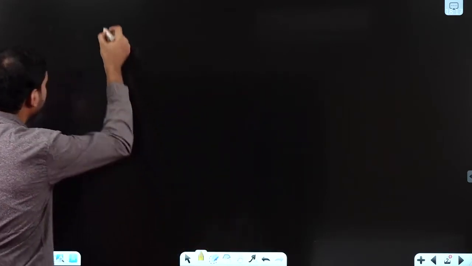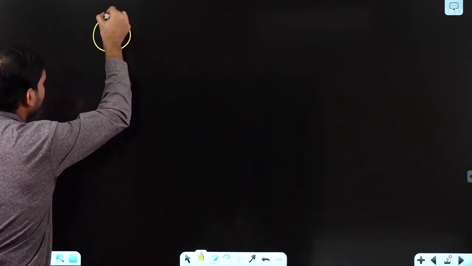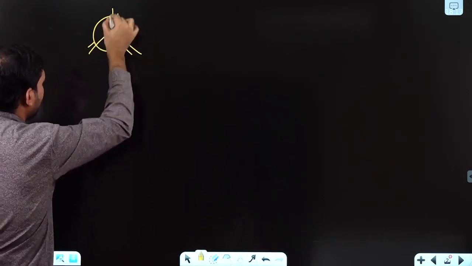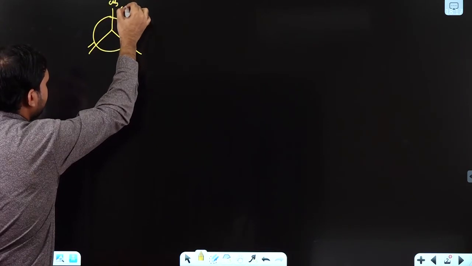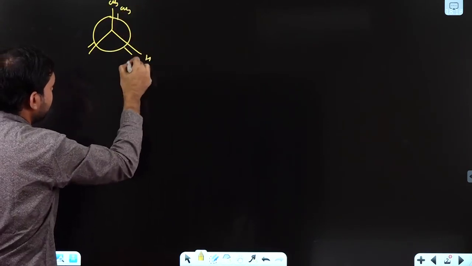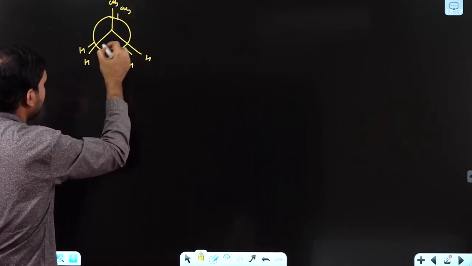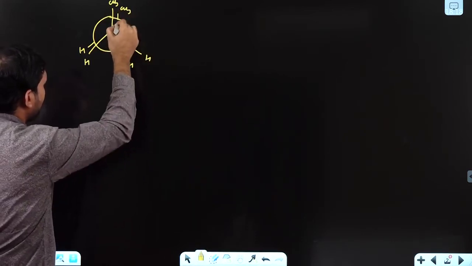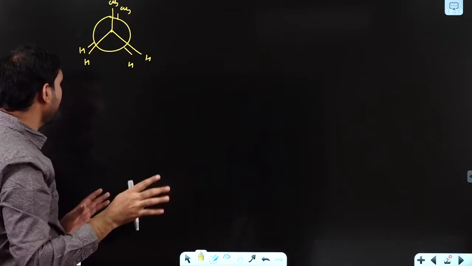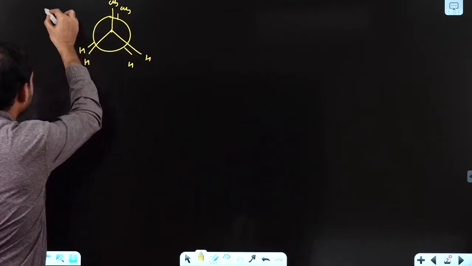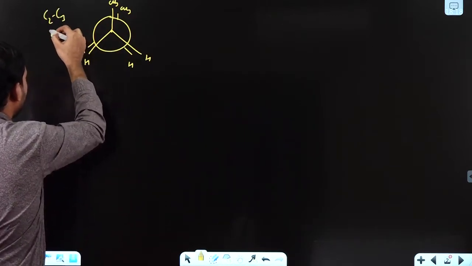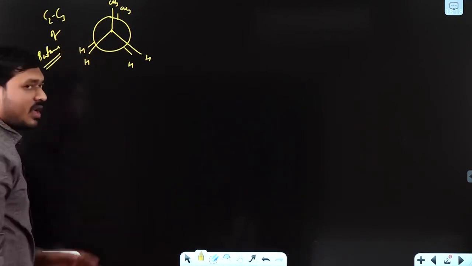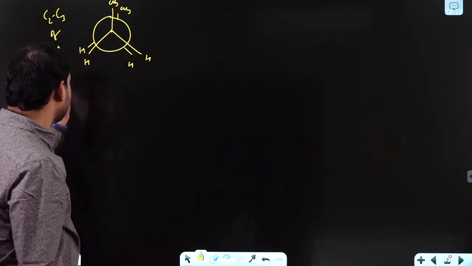So first of all, this is your CH3, this is H. You can see the front carbon is having CH3, H, H, then your back carbon is also having CH3, H, H, means it is already butane, and you are drawing across C2, C3 of butane, right? So you are drawing conformers of butane across C2, C3.